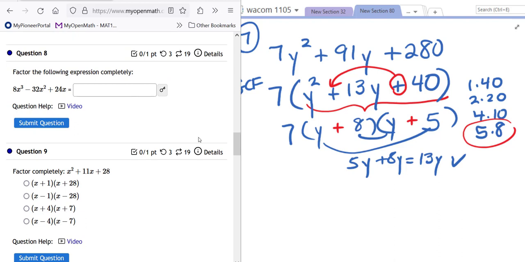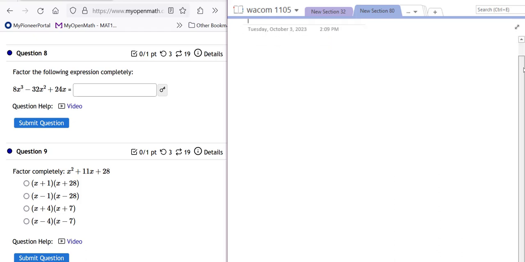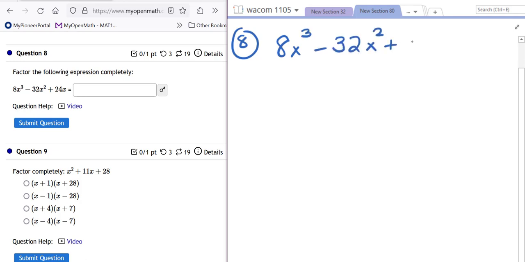So 8 is another one like this. We can do it. Because these are really probably the hardest ones you're going to get. So 8x cubed minus 32x squared plus 24x.